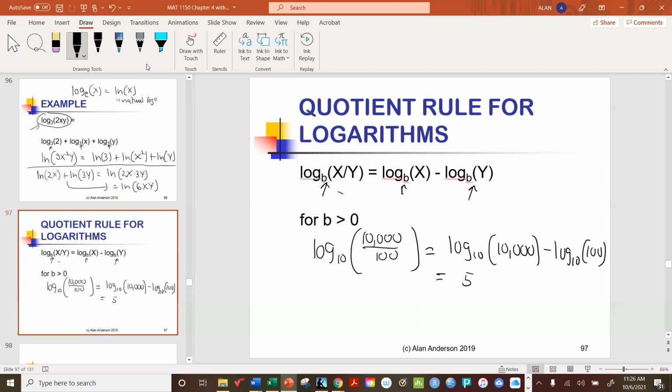Or let's say we have log 10 of x plus 3, something like this. I could rewrite it now as log 10 of x plus 3 over x squared. So again, it goes both directions.